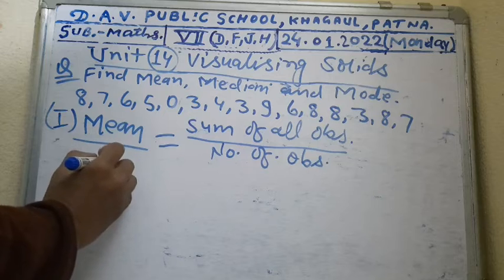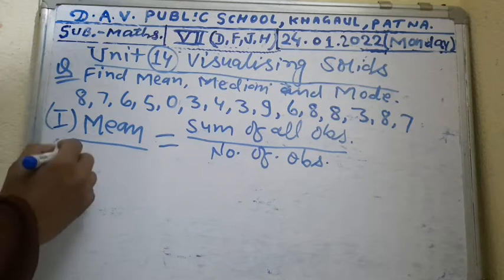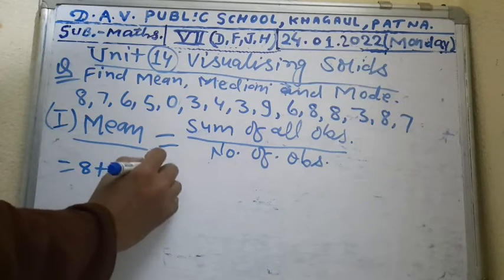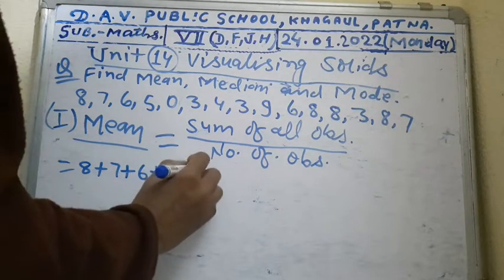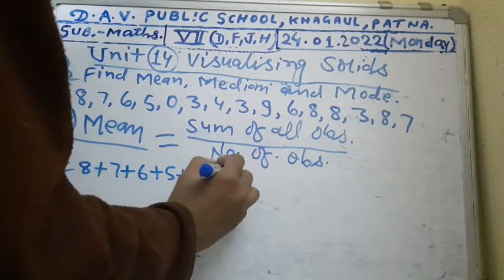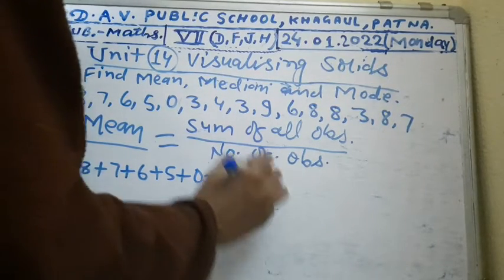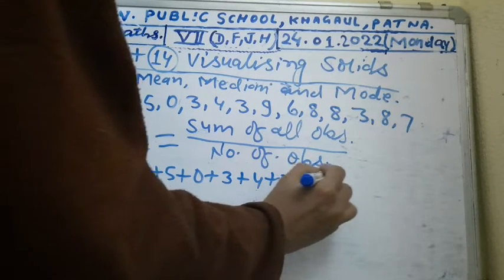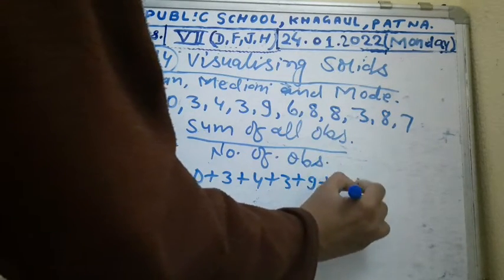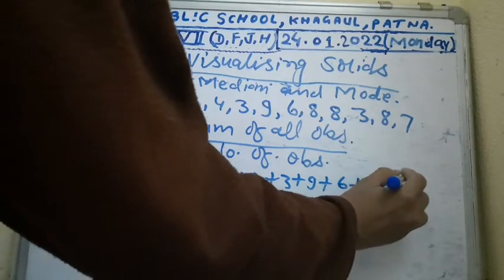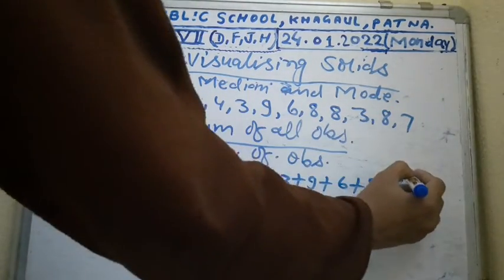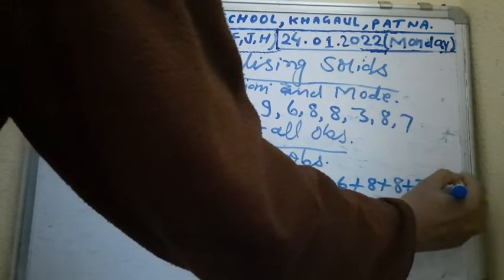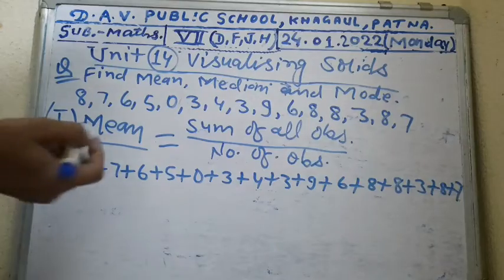8 plus 7 plus 6 plus 5 plus 0 plus 3 plus 4 plus 3 plus 9 plus 6 plus 8 plus 8 plus 3 plus 8 and at last plus 7.